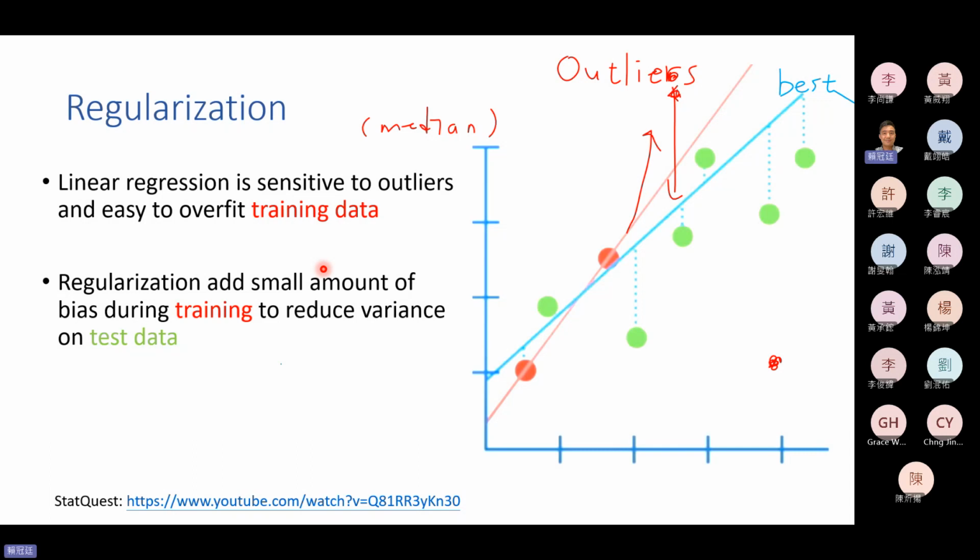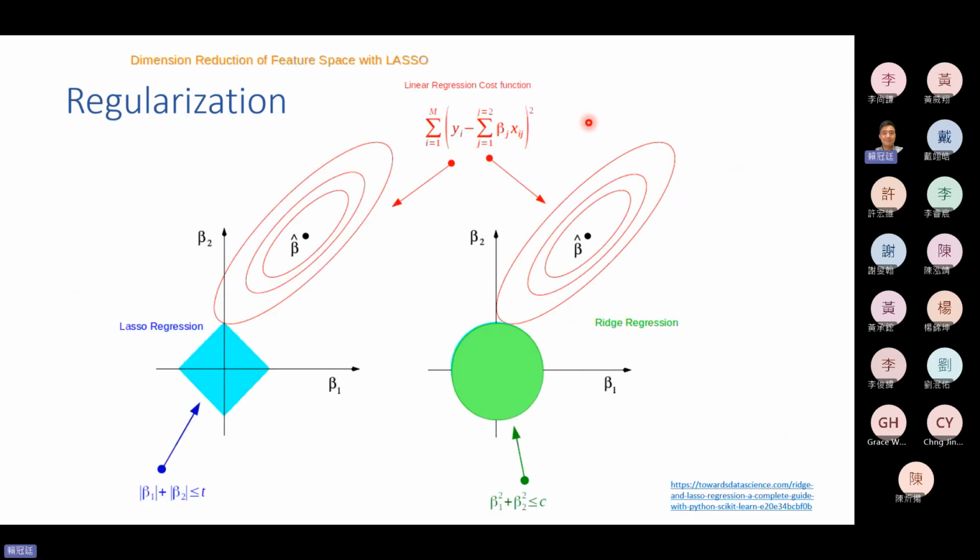Usually your training accuracy will be slightly lower than with no regularization. However, you will get better results on test data. So let's call it reduce variance on test data. Let's see an example.